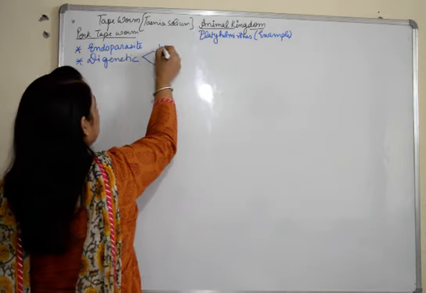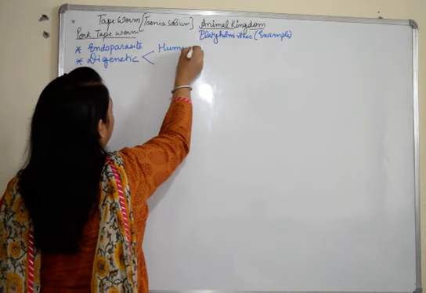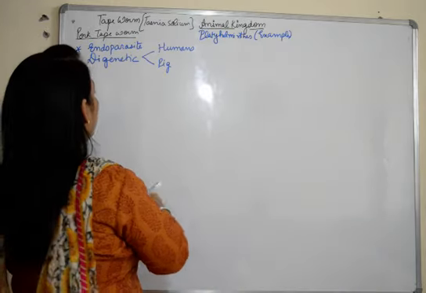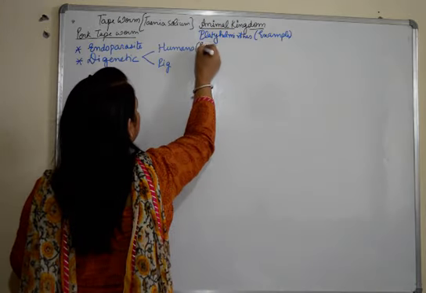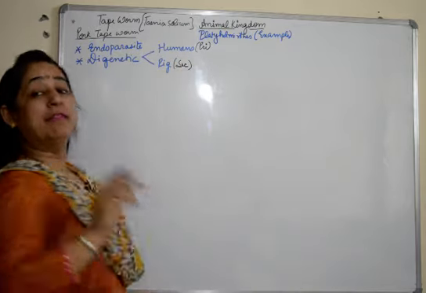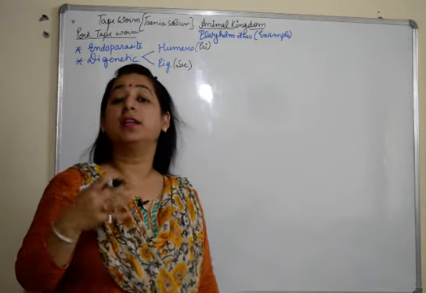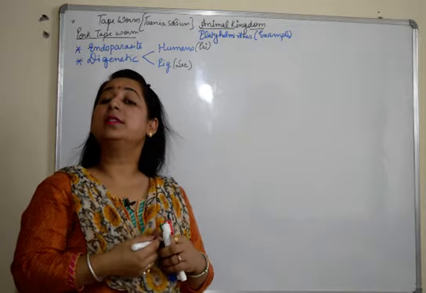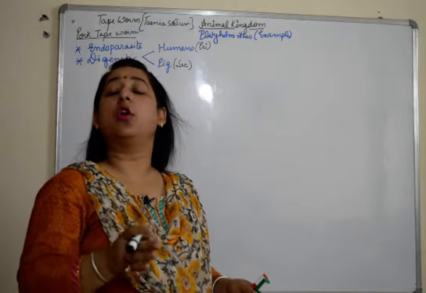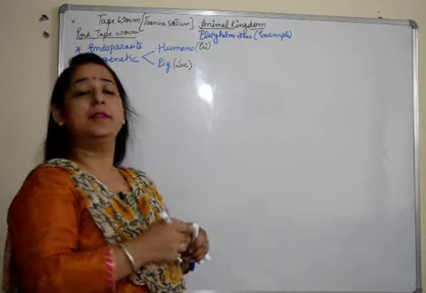One host is humans and the other one is the pig. Out of these two, human beings are the primary hosts, whereas the pig is a secondary host. Why do we call humans the primary host? Primary hosts are the ones in which the organism undergoes its sexual reproduction.